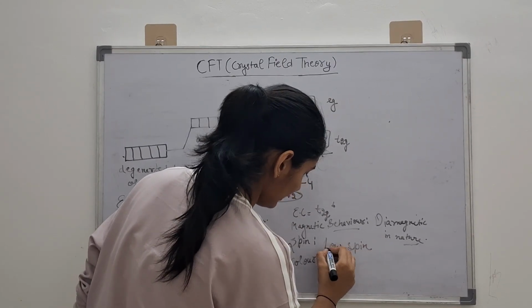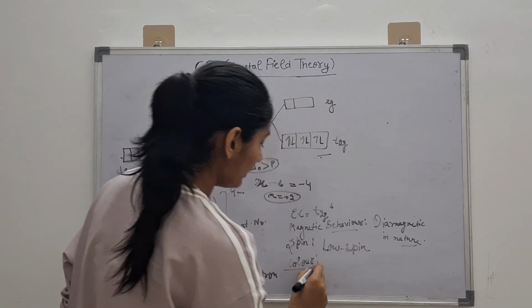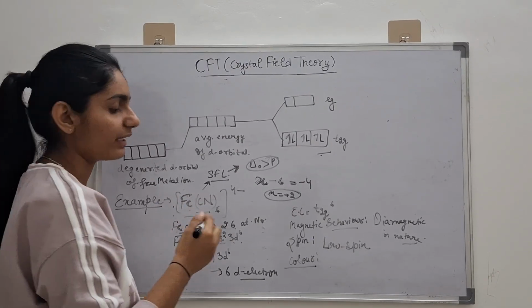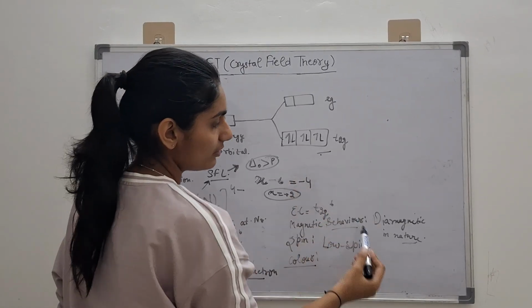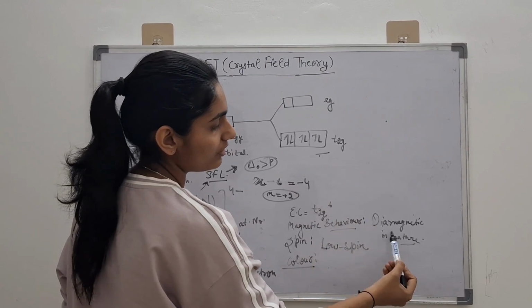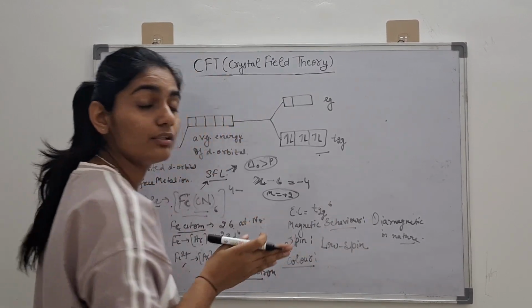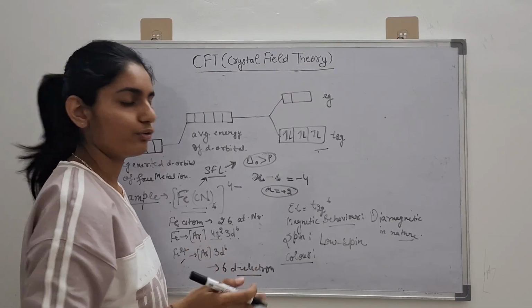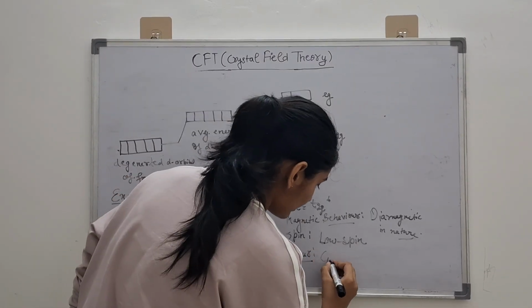Low spin complex. And what is the color? CFT is used to define the color of complexes, but this complex is diamagnetic in nature, meaning it does not have any unpaired electron, so it is colorless.